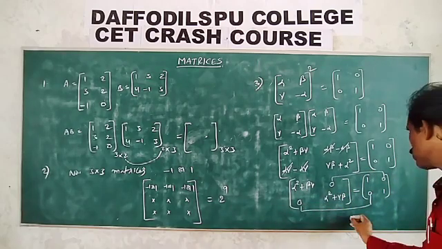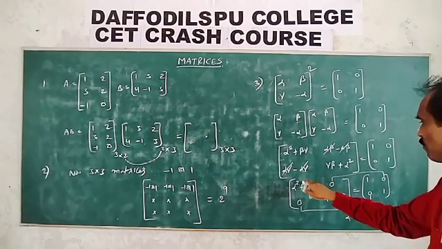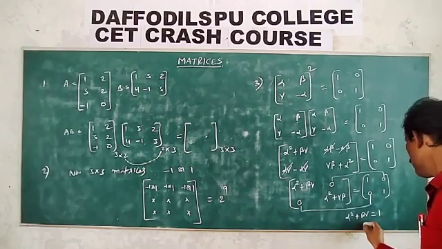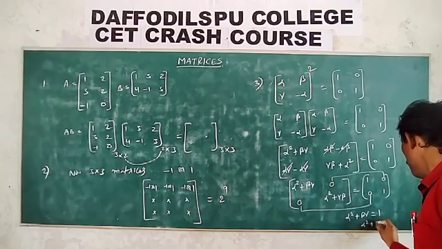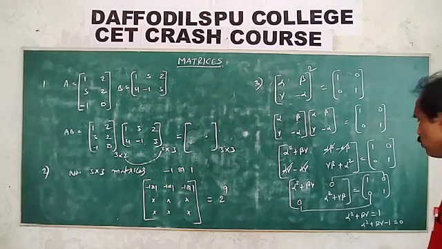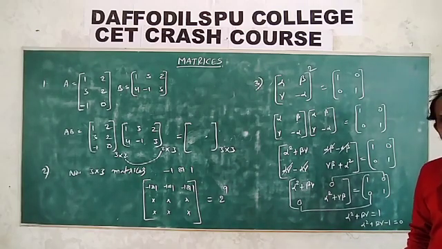Therefore alpha square plus beta gamma minus 1 is equal to 0.